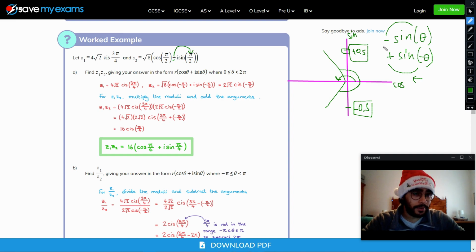The small minus and the small plus in front of the sine will change it back to whatever you need. In this case minus times positive will be minus, in this case positive times negative value will again be negative. So at the end the sign matches.